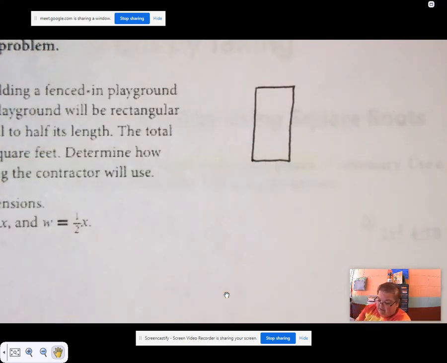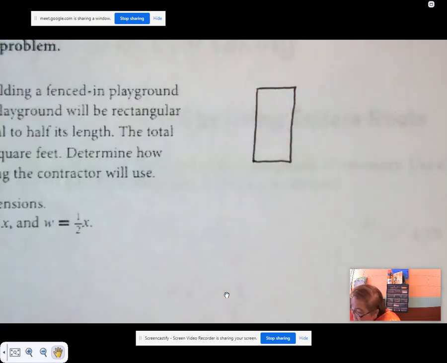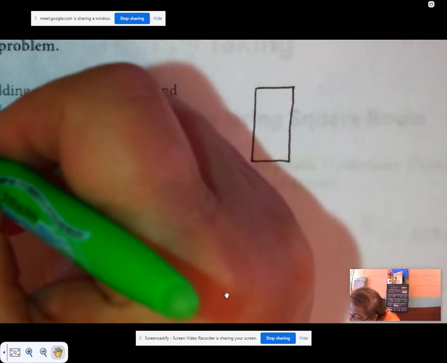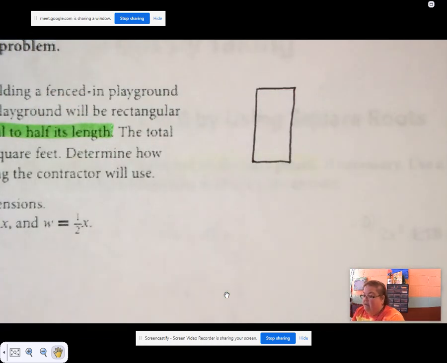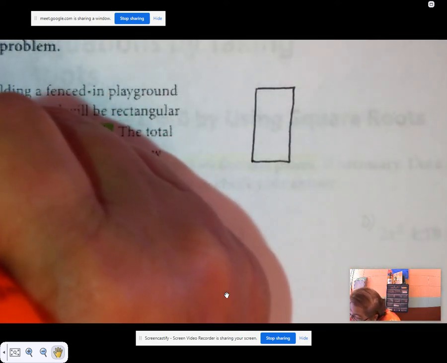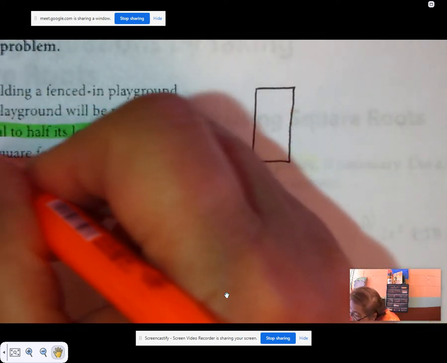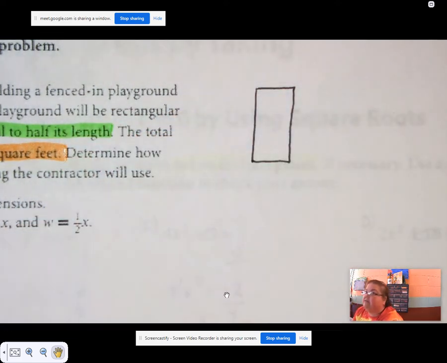Okay, here's my rectangle. All right, here's what I know. Its width is equal to half the length. The total area is 5,000 square feet.